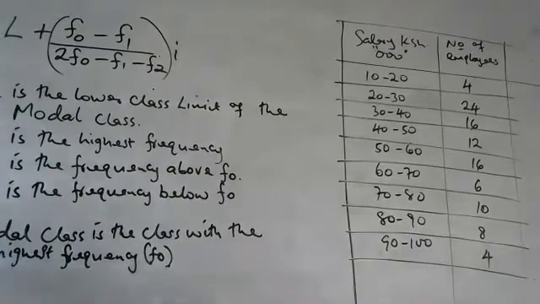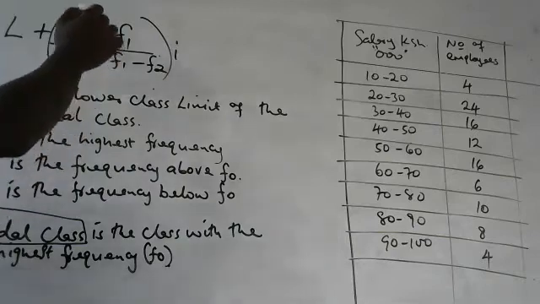If you look at your formula, you need L. But first of all, you cannot get L before you locate the model class. You locate the model class, and after locating it, the lower limit is your L. So the key thing that is going to make your life very simple in calculating the mod is for you to be able to determine the F0.